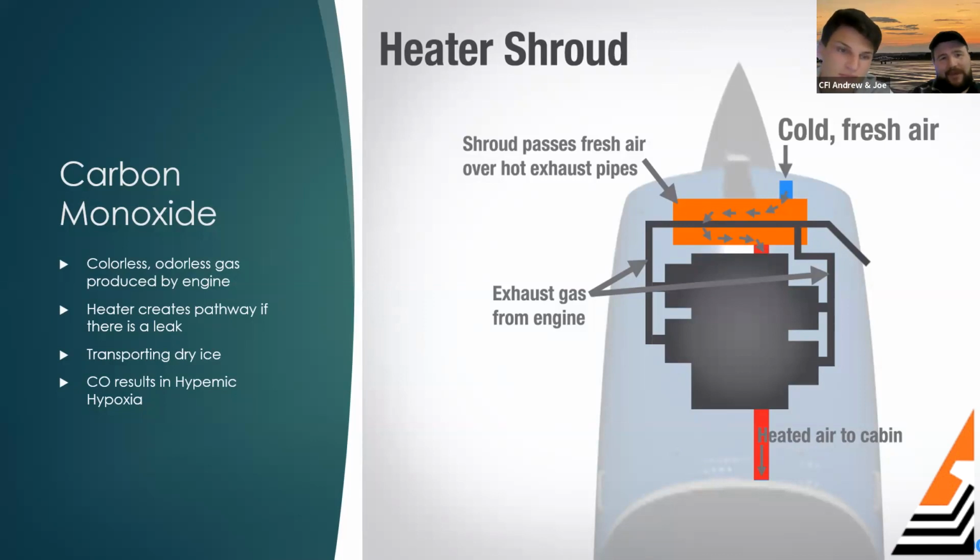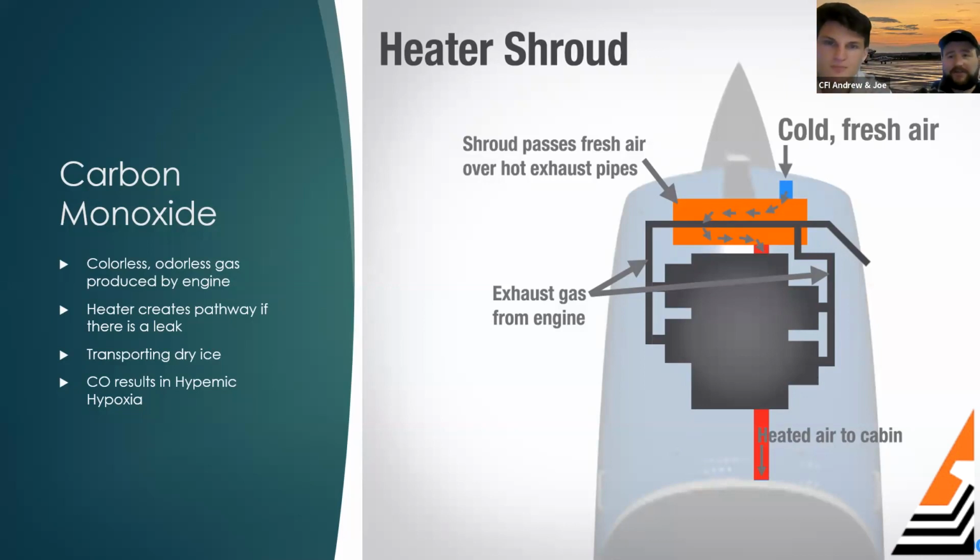Right. So, carbon monoxide poisoning. What is carbon monoxide, first of all? It's a colorless, odorless gas, and it's a byproduct of aircraft engines. So the fuel burning with the air produces carbon monoxide. The biggest cause, at least for general aviation, for carbon monoxide poisoning is going to be maybe a leak in your heater system.